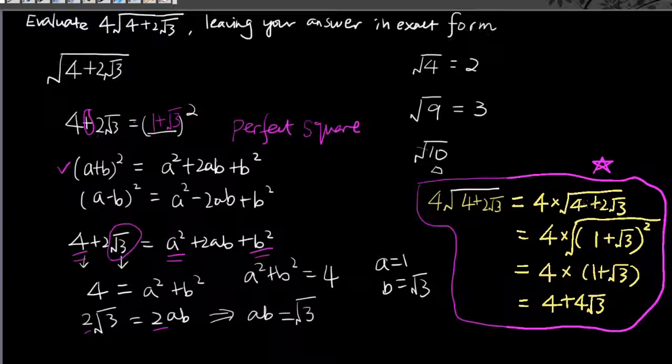We found the perfect square form for 4 plus 2 root 3, which is (1 plus root 3) squared. So we have the square root of a perfect square, and we get 1 plus root 3 if we simplify. Then we multiply 4 with 1 and 4 with root 3 to find the final answer. That's our final answer, and this part is the only part you need to present in your exam script. That's all for the question. Thank you for your attention.